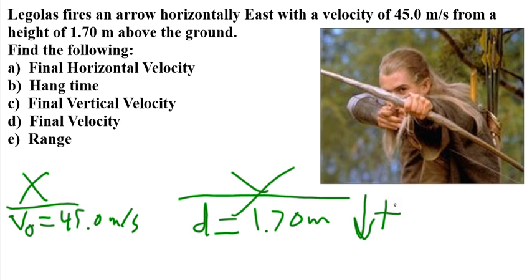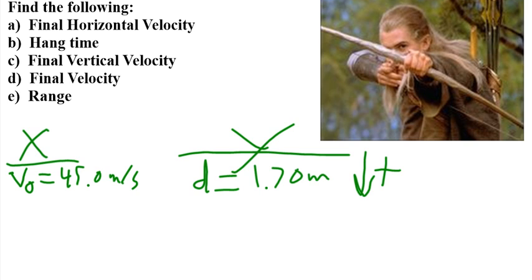That's all that's given to us at first. There are some things that we can infer from this list so far, though. It is only fired horizontally, which means that our initial y velocity is 0.